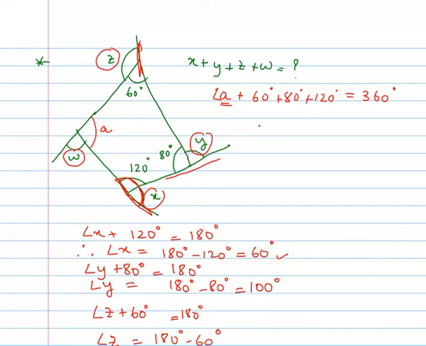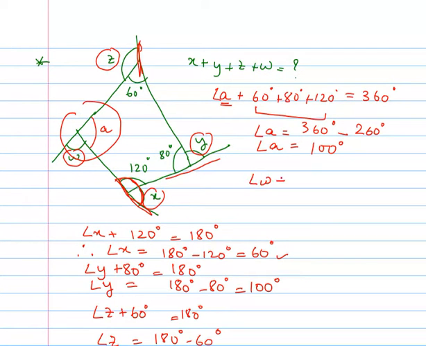Now with the help of this equation we can find angle A. Angle A is equal to 360 degrees minus this whole thing. Now this is 260 degrees, which makes angle A 100 degrees. Now again over here we can say angle W plus angle A is equal to 180 degrees.